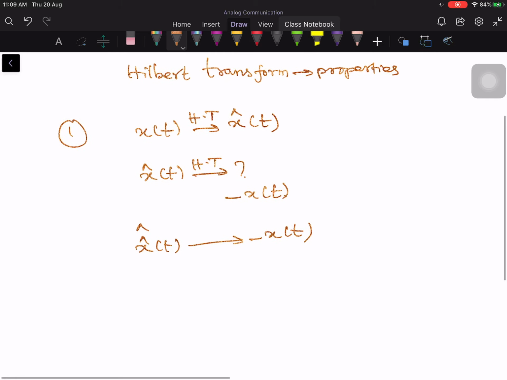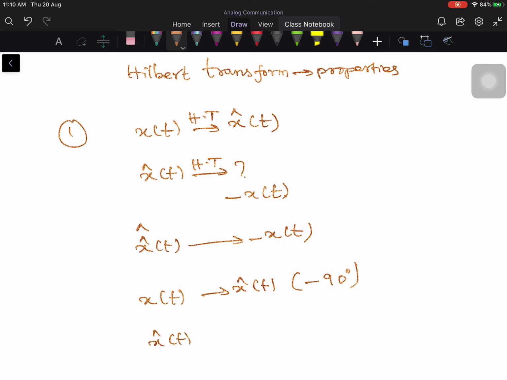because in x hat of t the signal undergoes phase reversal of minus pi by 2, right? X of t to x hat of t, what is the phase reversal? Minus 90 degree. Then x hat of t, again if you take Hilbert transform, I am sorry, this is equal sign actually.